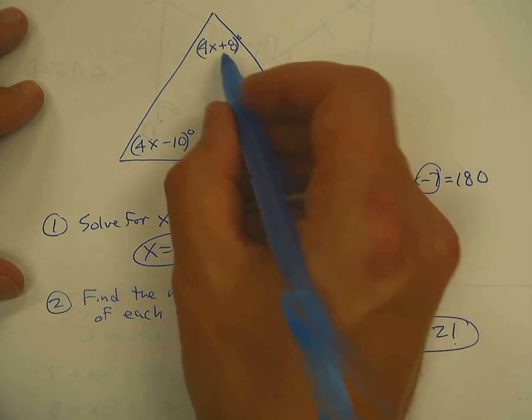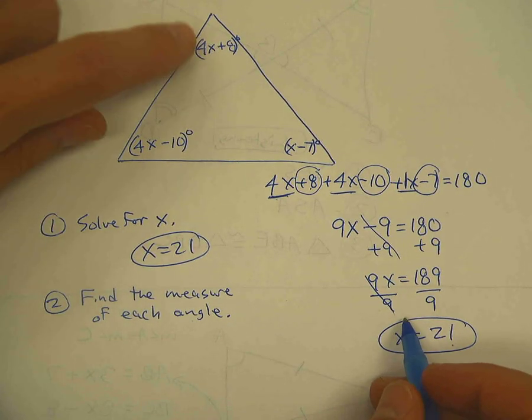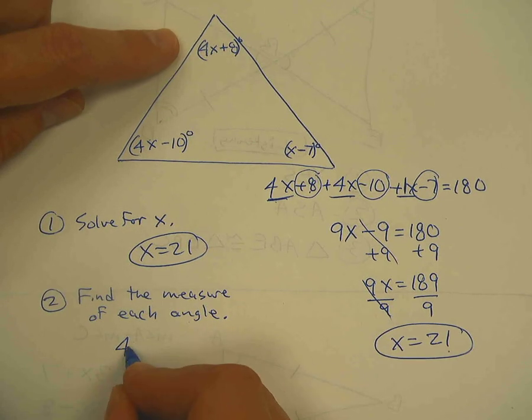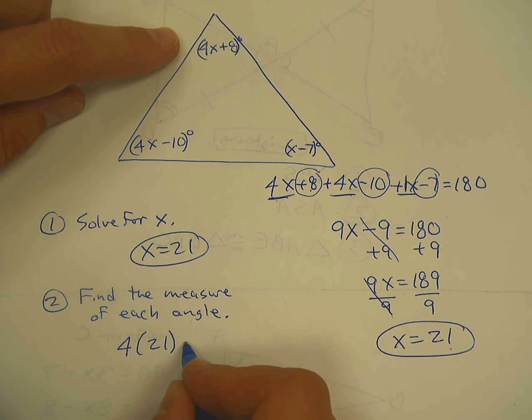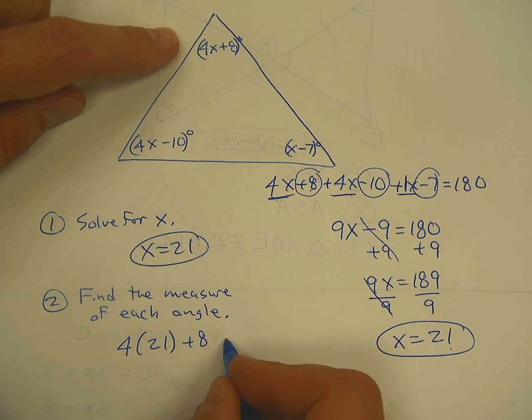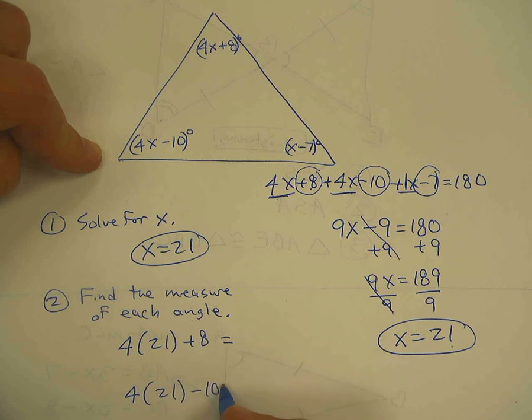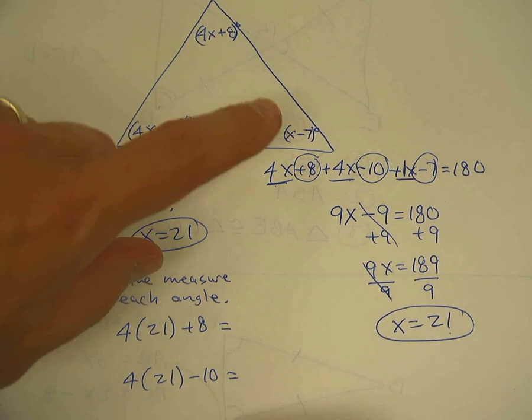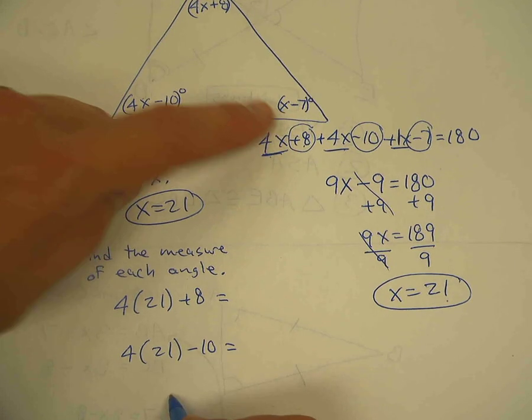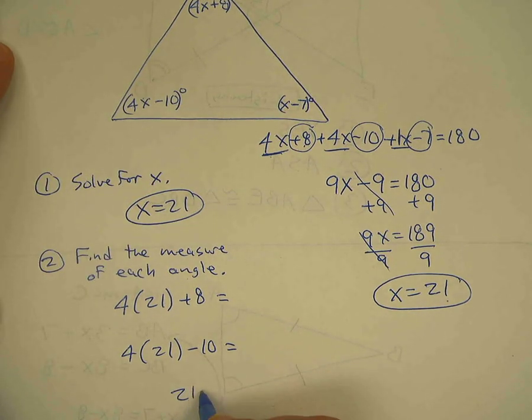Now, if I want to find the measure of each angle, I plug the 21 in place of the x's for each here. So the top one, I have 4 times 21 plus 8. This one, I have 4 times 21 minus 10. In this one down here, I have 21 minus 7.